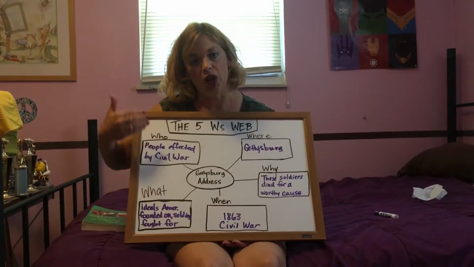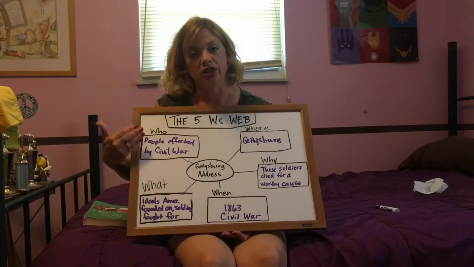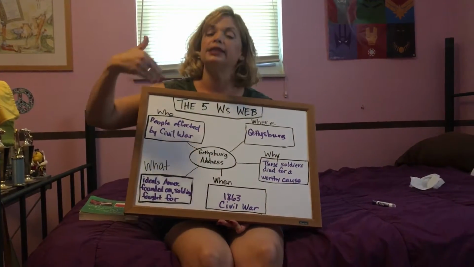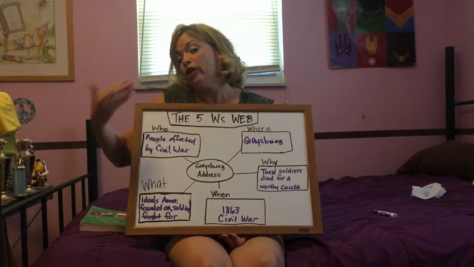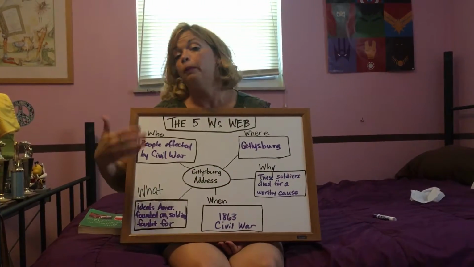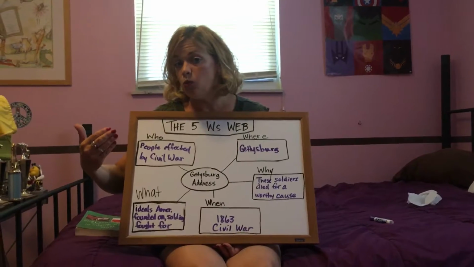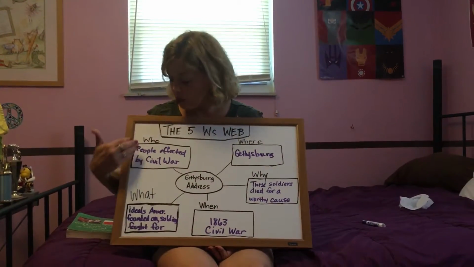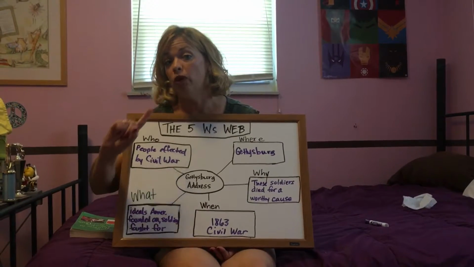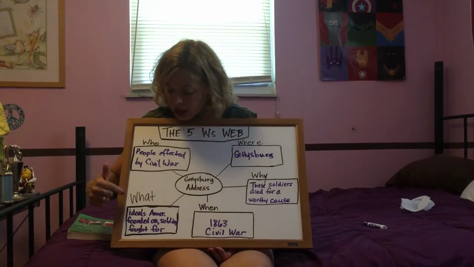We noticed that he was talking to people in the crowd that were there to witness this war memorial being dedicated, and we can infer from that that some of these people probably had lost someone they loved in the war. Maybe they already had a loved one still serving in the war. Maybe some of them were veterans, but no doubt they were affected by the Civil War.